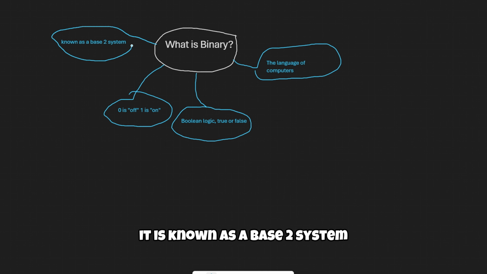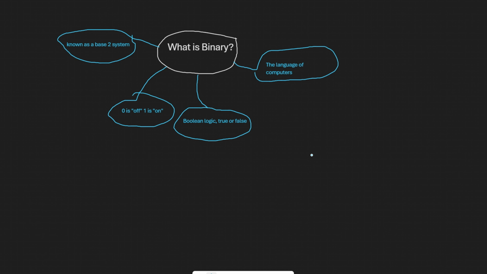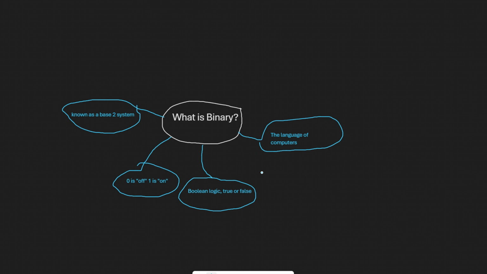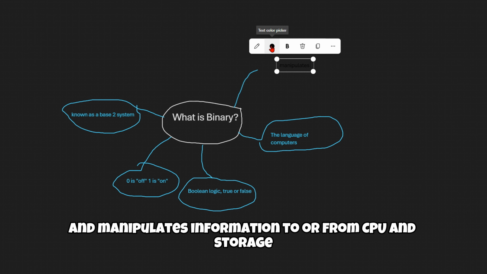It is known as a base 2 system, and manipulates information to or from CPU and storage.